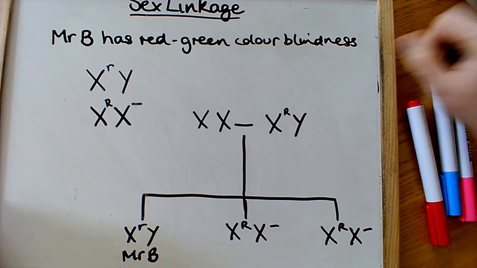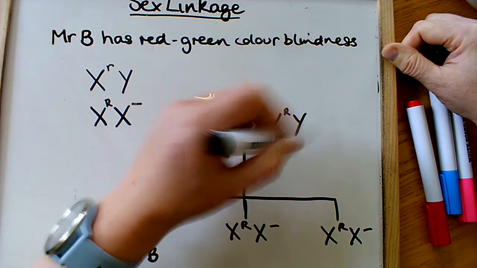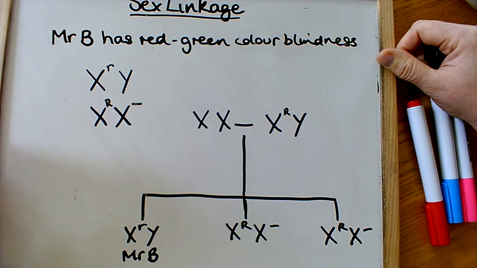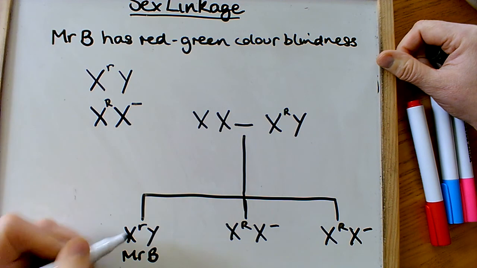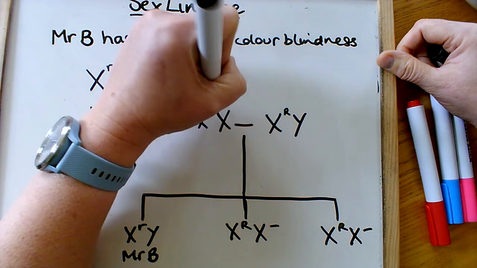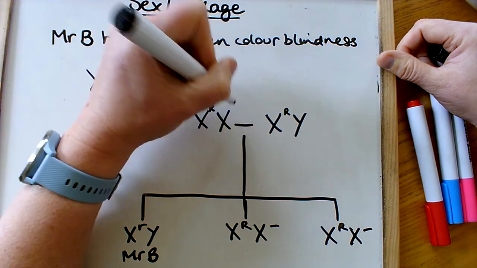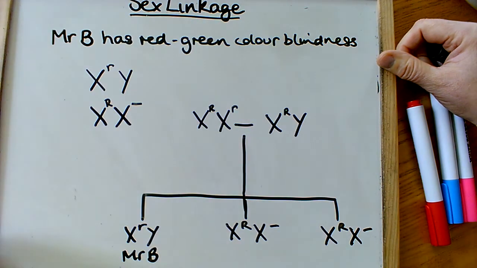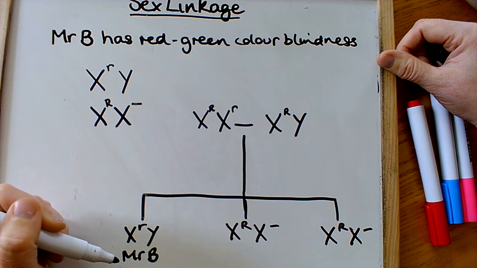So we know that the R that he does have, that he inherited from his mum, must be a capital R. So that means that we know Mr. Belcher must have got this little r from his mum. So his mum must be big R because she's unaffected, and little r because she's passed it on to him.